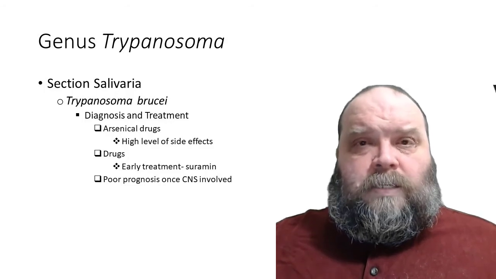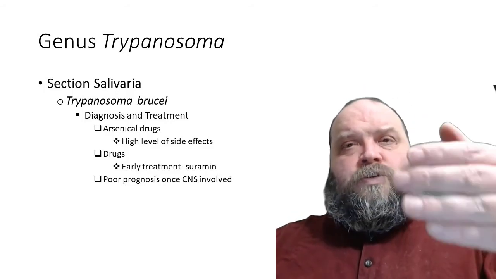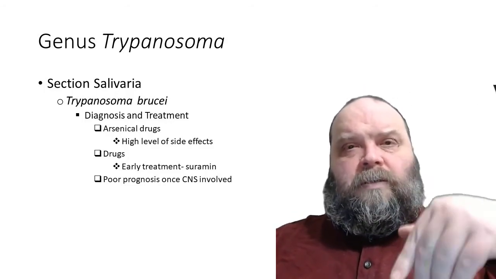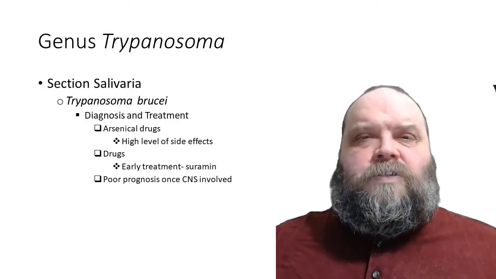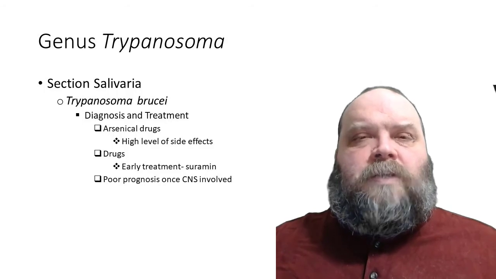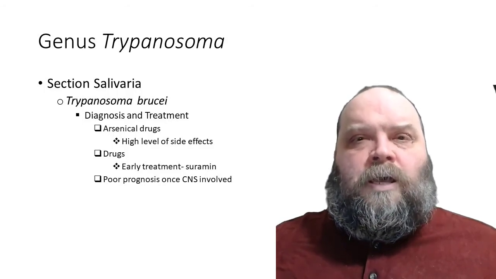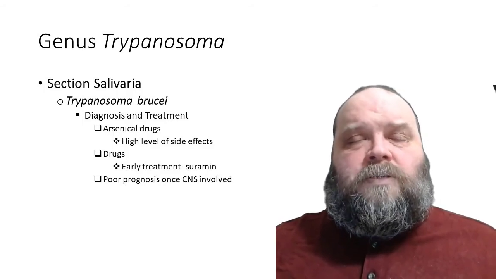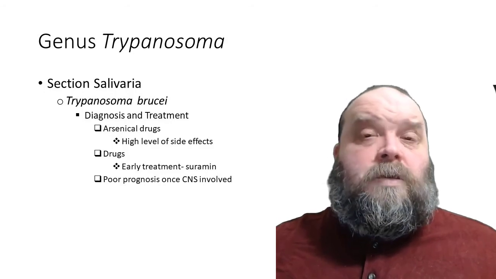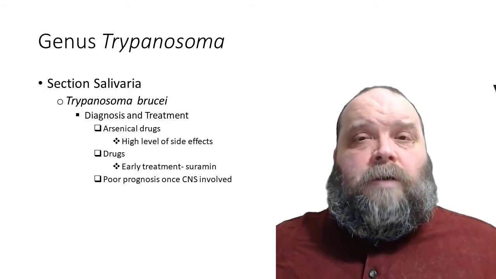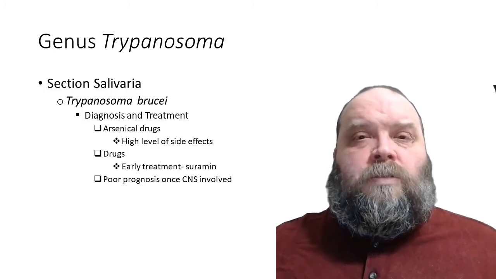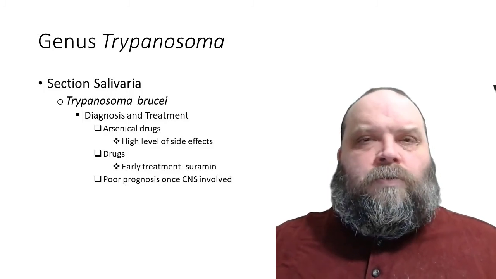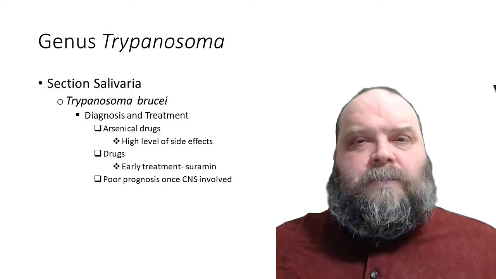Once it has progressed to invasion into the central nervous system, prognosis is poor. Basically, it's going to be supportive therapy, help the patient. Yes, the arsenic-based drugs can be used to remove it, but the problem is once the tissue damage is done to the spinal cord, to the brain, there's no coming back from that.